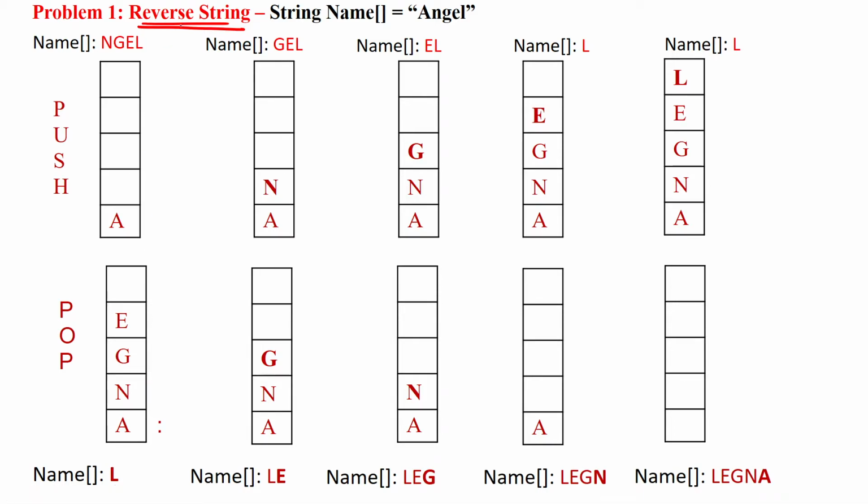For that I am taking first one array, one string array. The string is having the string angel, which is stored into the string array. This string array will be converted into a character array.